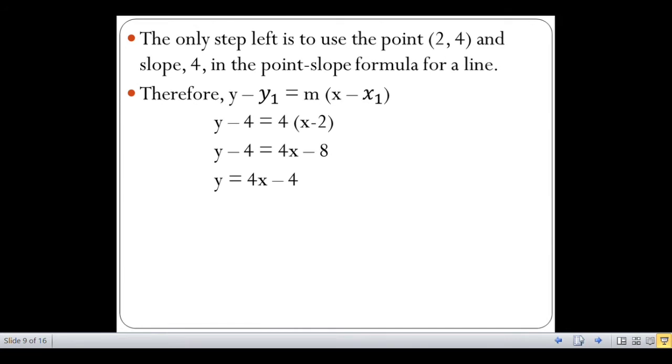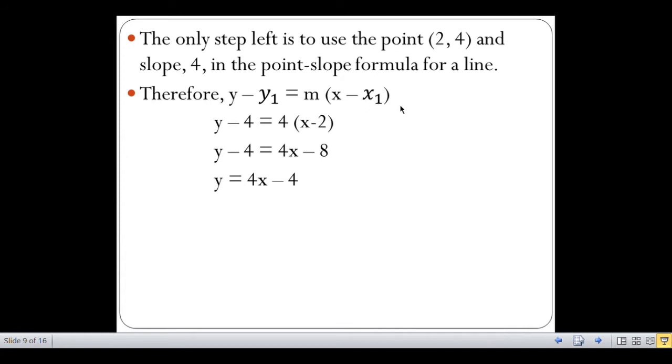Ito po yung gagamitin natin class na formula, yung point slope formula. Itong formula ay given kanina sa previous slide natin. The formula that we're going to use is y minus y sub 1 equals m, where m is the slope, times the quantity x minus x sub 1. Okay?